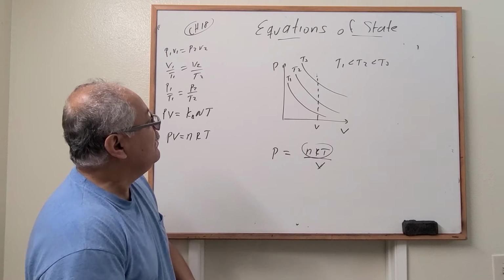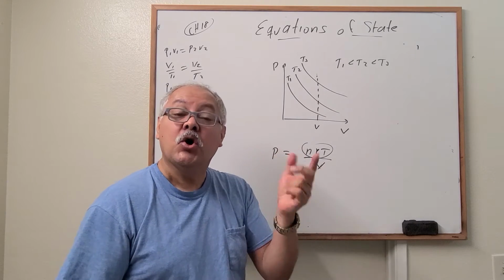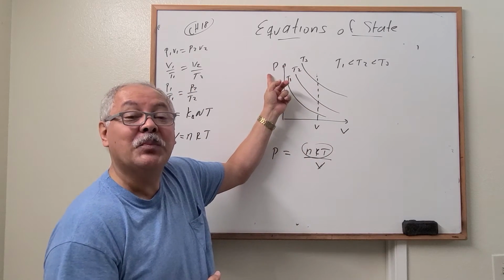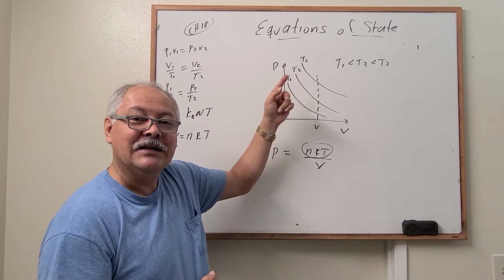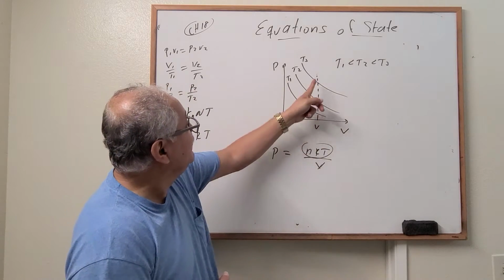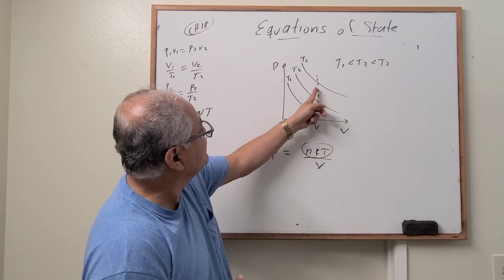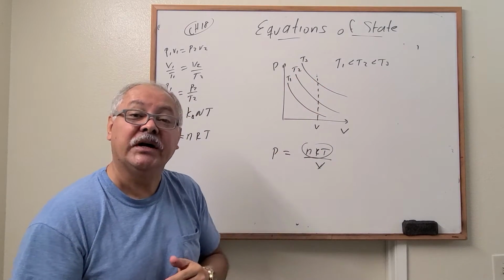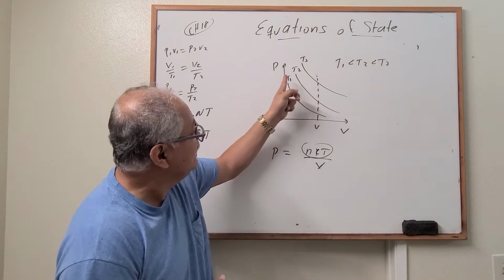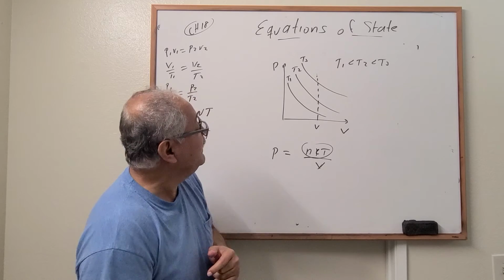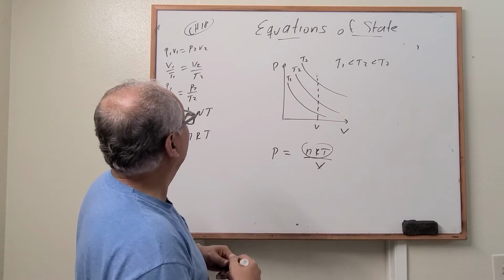It's found that if volume is constant and we increase the temperature, we increase the pressure. Remember, that is Gay-Lussac's law. The temperature behaves in that way. These curves have a special name: they are called isotherms.